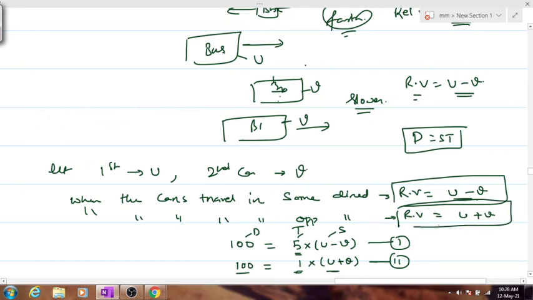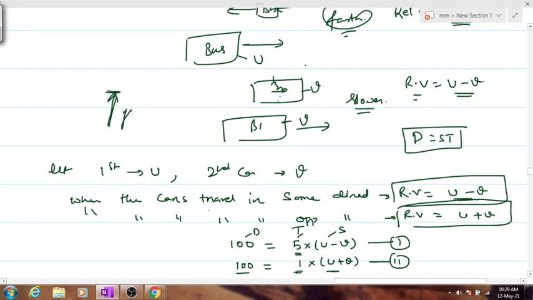Sir, I have a problem in the first equation. First equation, yes. Sir, if one car's speed is slower than the other, then they will never meet. No. It's not that they're going one by one. It's just that one car has gone and stopped and the other car is going.